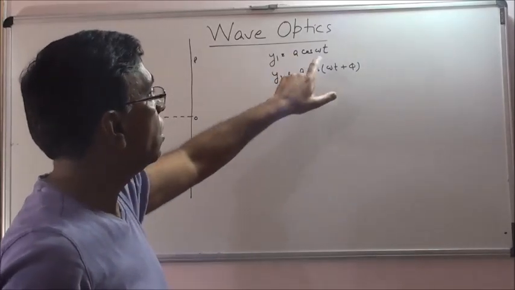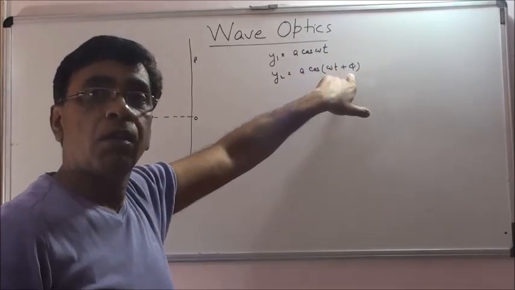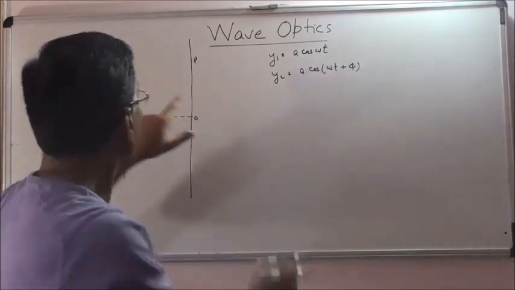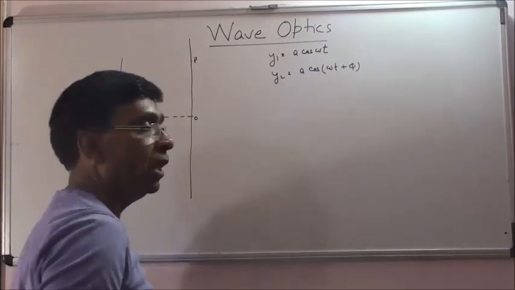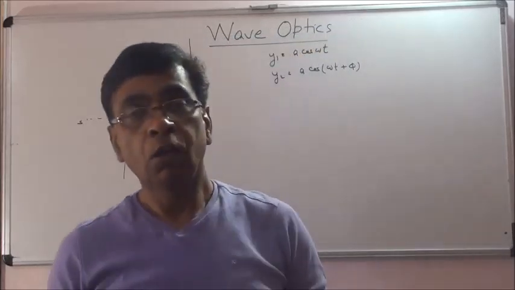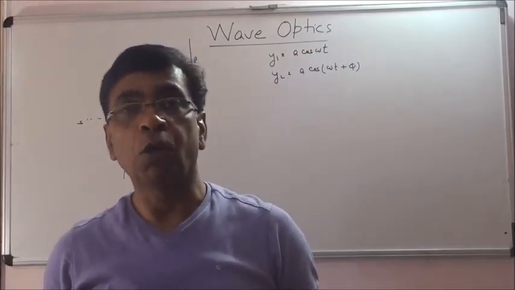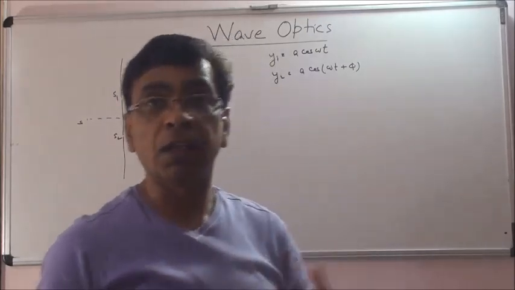Same amplitude, same frequency. The only difference is phase, and phase will be different because one wave is covering S1P, another one is covering S2P. And we have seen earlier, logically I told you what should be the value of S2P minus S1P to get maximas and to get minimas.